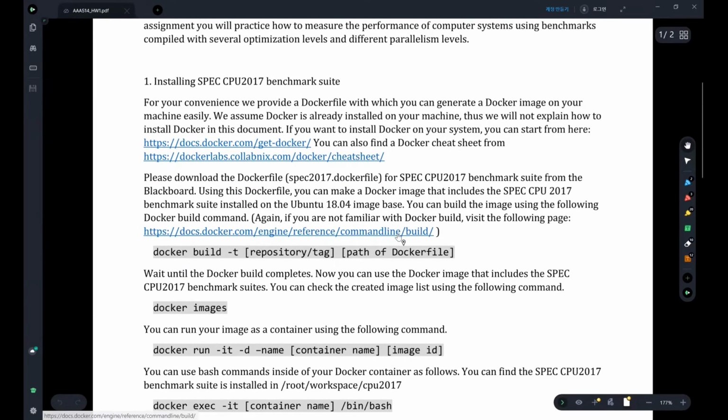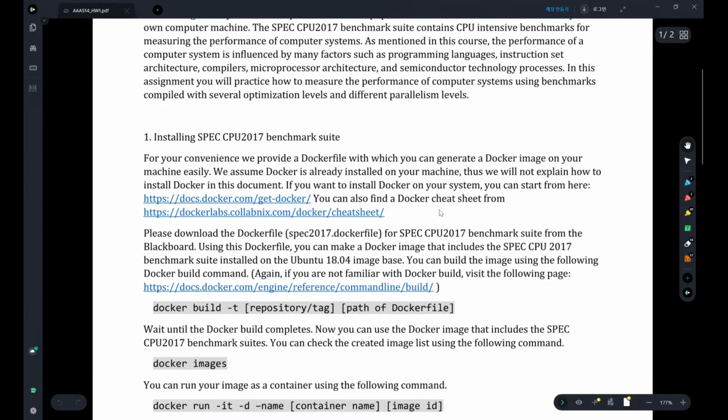If you build this Docker image, the SPEC benchmark suite is automatically downloaded on the Docker image and also automatically installed. So it is very convenient.